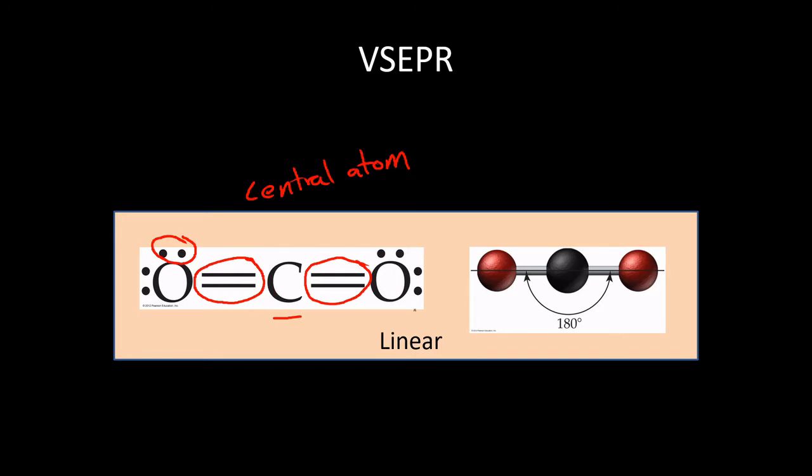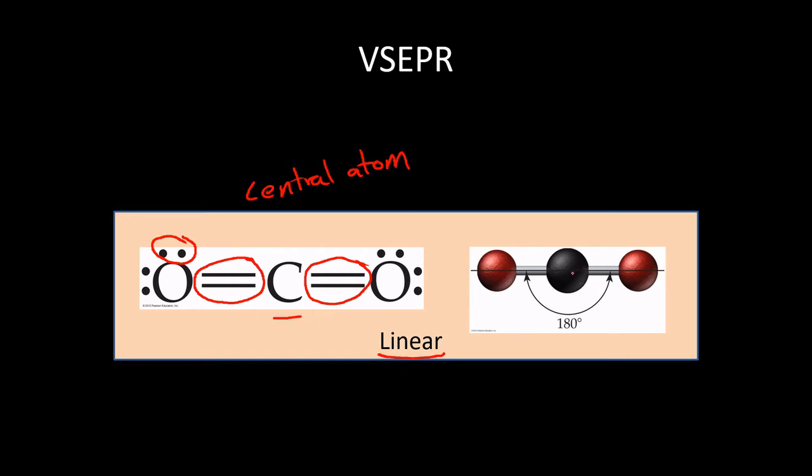So in this particular kind of molecule, where you have two groups on the central atom, the geometry is always going to be what we call a linear geometry. And what that means is the two groups that are attached to the central atom are on exact opposite sides of the central atom.